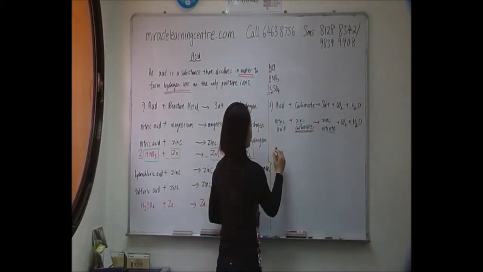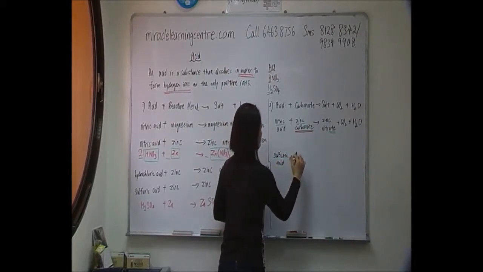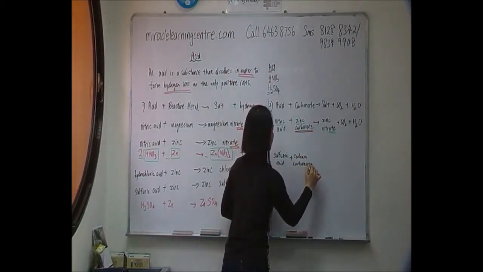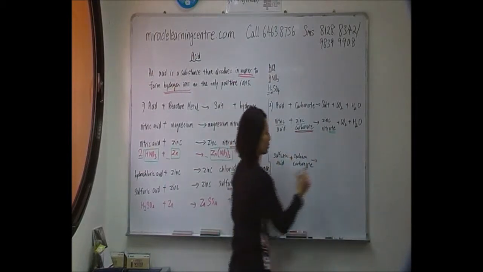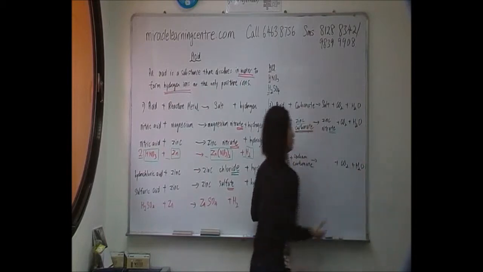Then we go on to sulfuric acid. Sulfuric acid, you can react with sodium carbonate. Again, you get salt, carbon dioxide, and water.